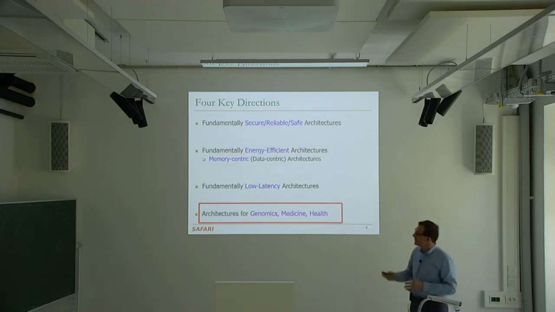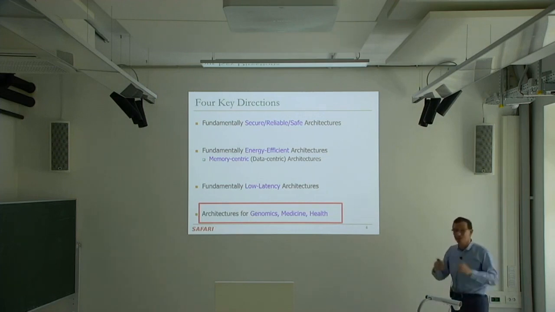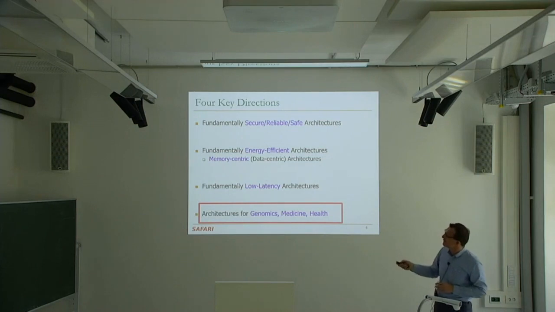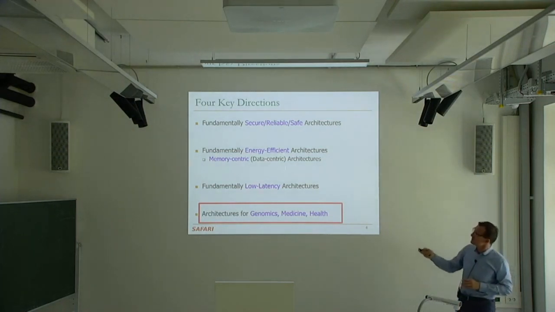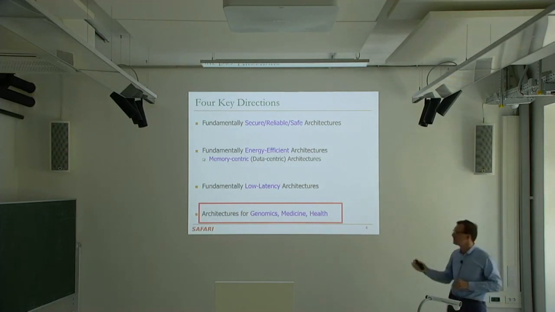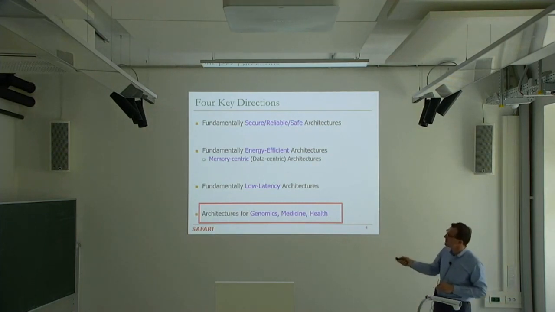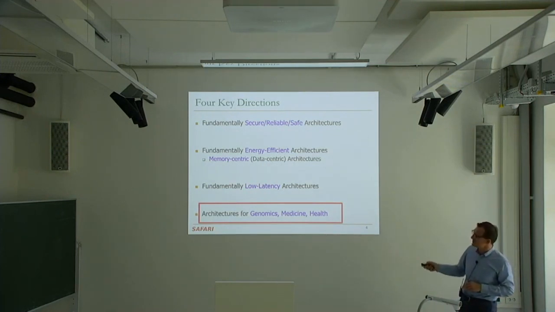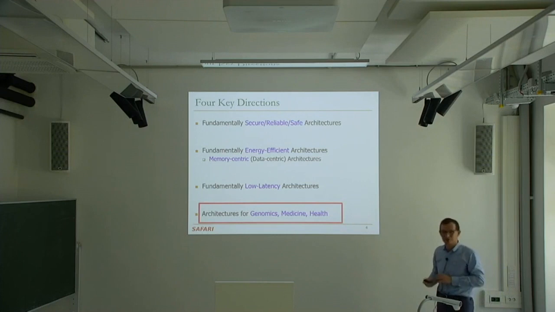And in my opinion, that requires memory-centric thinking and memory-centric design, or maybe data-centric design. We're going to talk a lot about that. And how to make things more low latency. So we're definitely going to touch all these three. And we're going to start with reliability and security. And then we're going to move to energy efficiency, and then to latency. But I'm going to use this to motivate everything else over here.